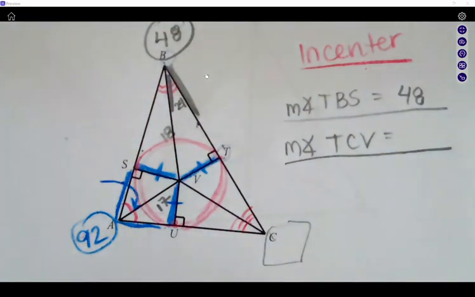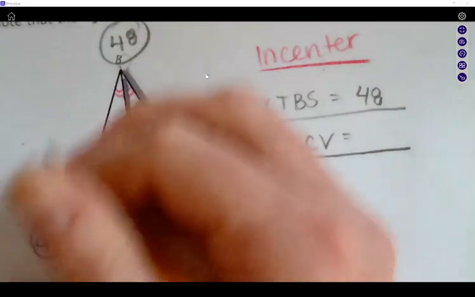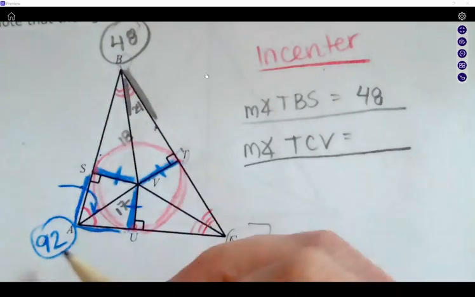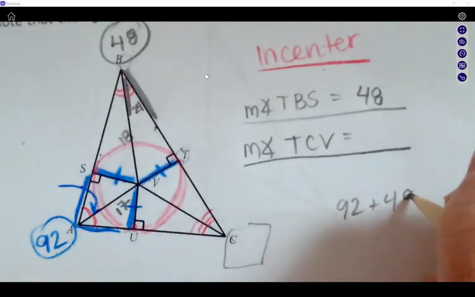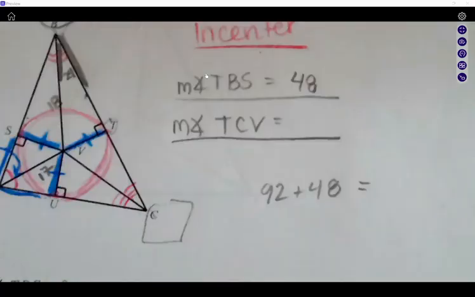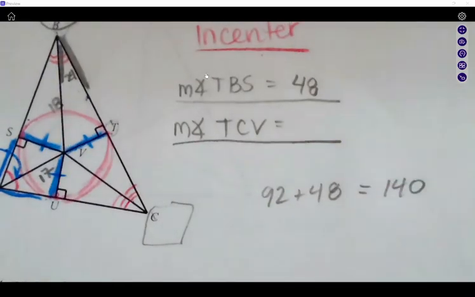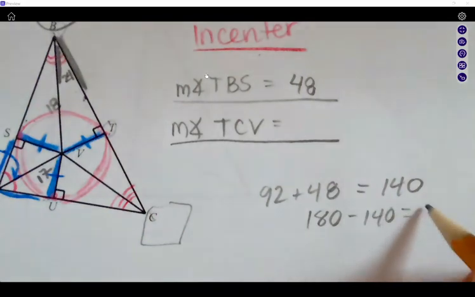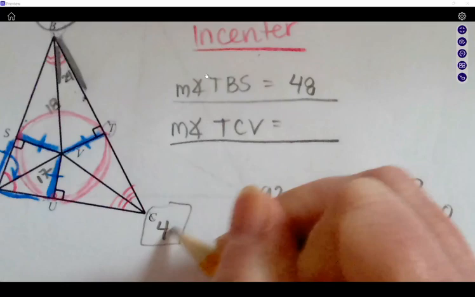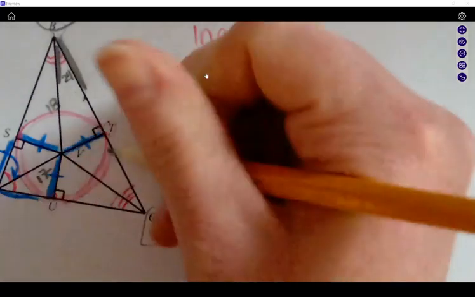And then once you find angle C, could you divide it by 2? 20. So 92 plus 48 equals 140. Subtract that from 180, and we get 40. So the overall angle measure for C is 40 degrees, and half of 40 is 20.